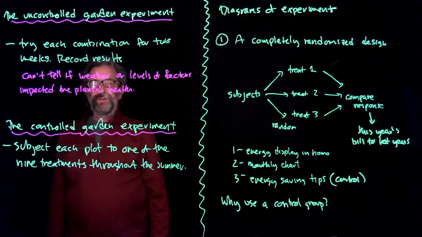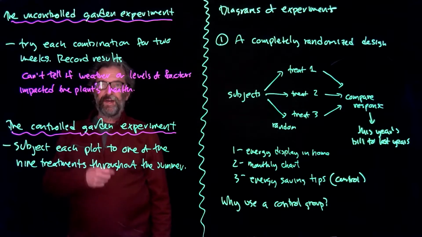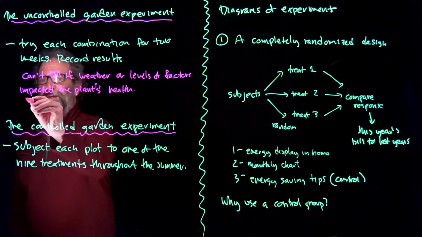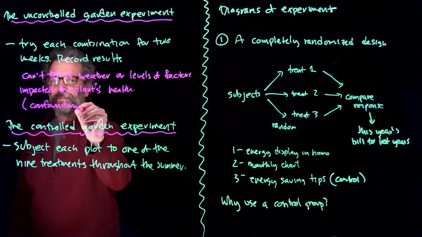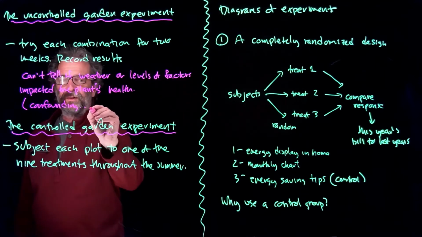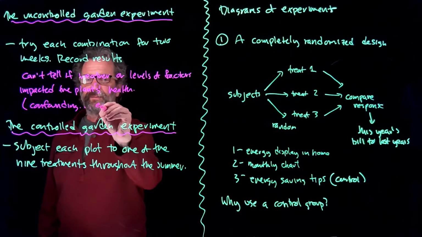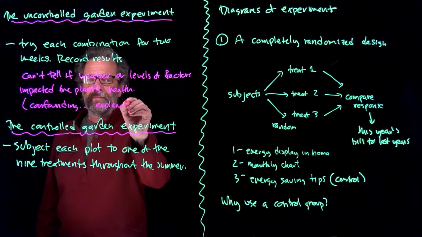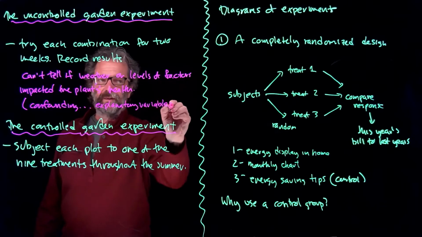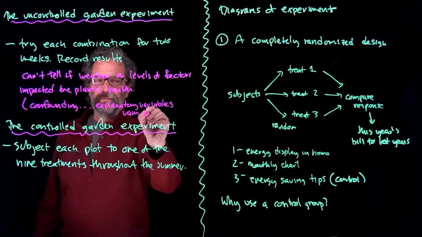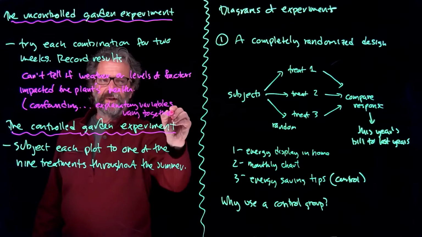So when you have two things that vary together, the levels of the factors and also the weather, we call that confounding. So it says explanatory variables vary together. That keeps you from drawing any conclusions.